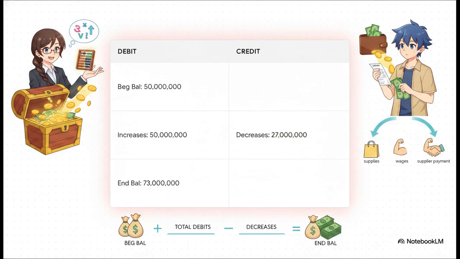Then we paid 2 million for supplies, 15 million for wages, and 10 million to a supplier. We credit these decreases, which totals 27 million. So our formula is simple. 50 million beginning balance plus 50 million in increases minus 27 million in decreases. That leaves us with an ending debit balance of 73 million dong. It's just pure logical arithmetic.